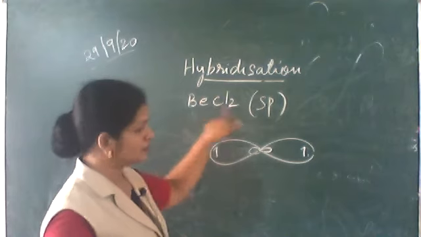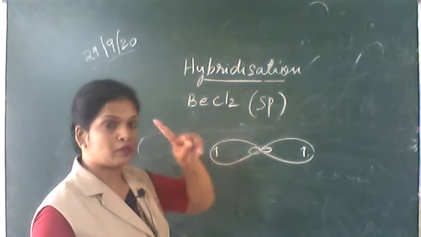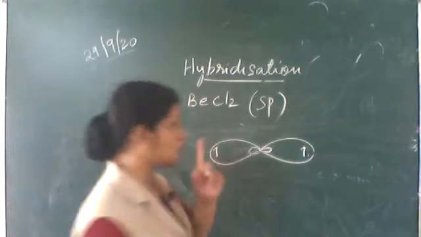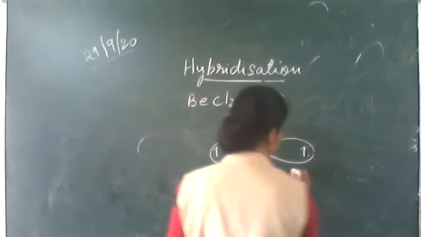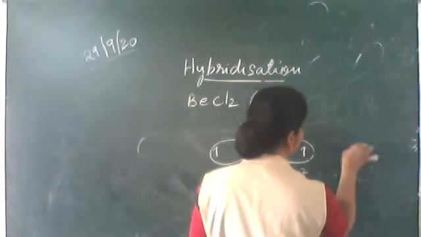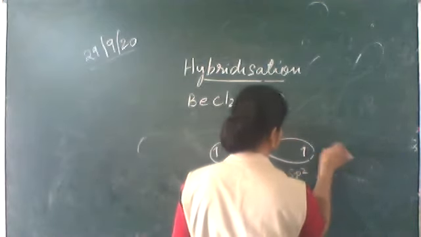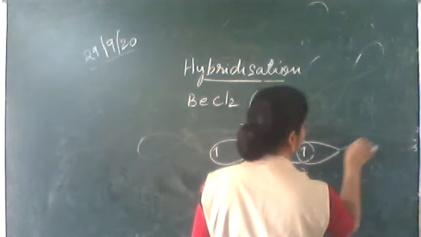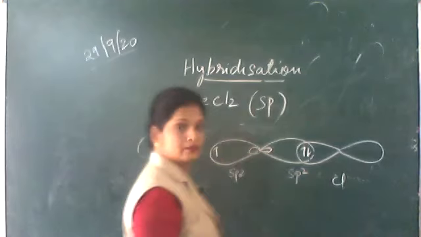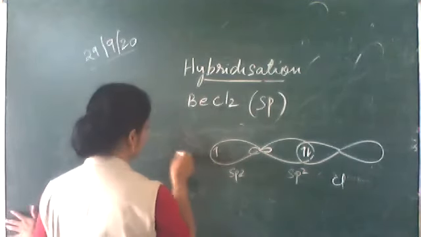Now Cl, in the previous case also Cl was coming with its pz, a pure orbital, not hybridized. So this is hybridized sp, and this is Cl and the other Cl.